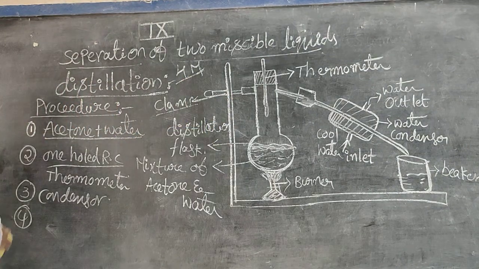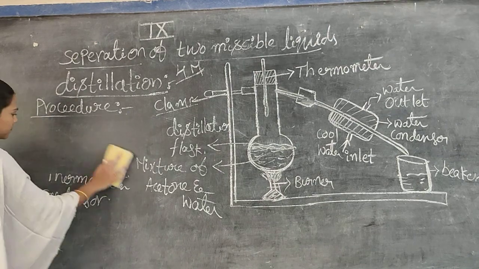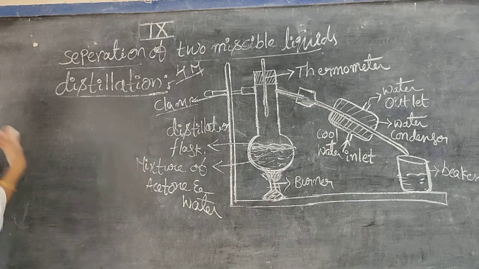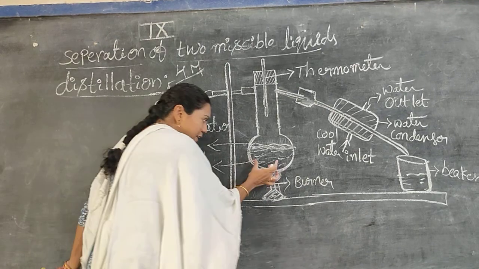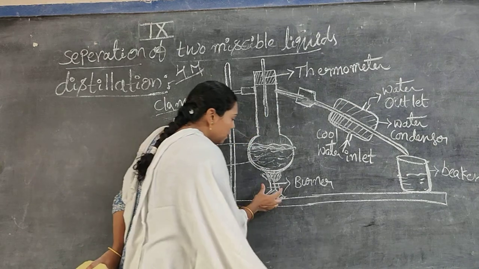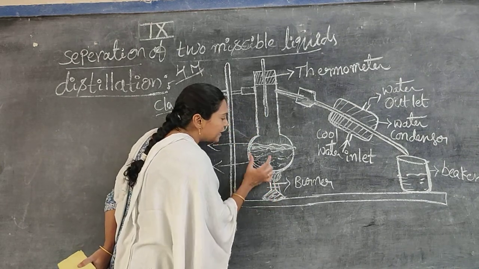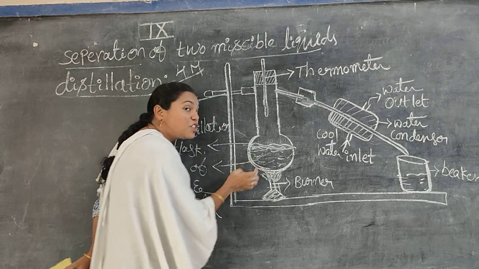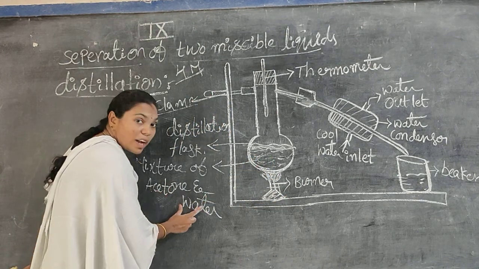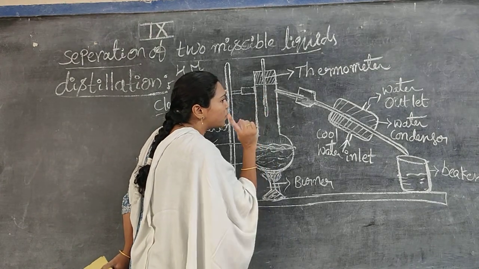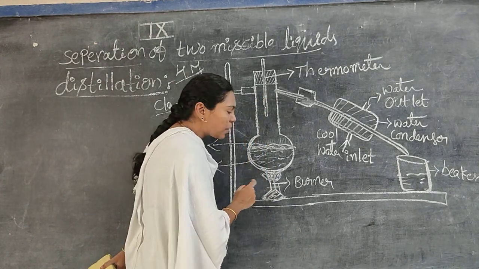Now what is going on here? What happens when you heat the distillation flask using a burner? Remember carefully. In the distillation flask, acetone and water are there. When you heat it, you must also notice the temperature on the thermometer.